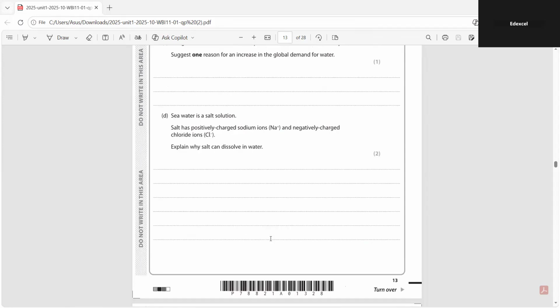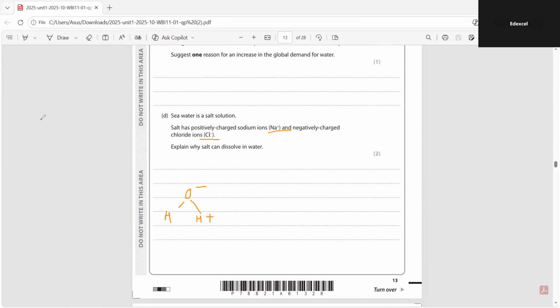D part. Seawater is a salt solution. Salt has positively charged sodium ions and negatively charged chloride ions. Explain why salt can dissolve in water. So in the water molecule, you have one oxygen atom and two hydrogen atoms, right? Oxygen is a slightly negative atom, and hydrogen atoms are slightly positive. In the NaCl molecule, Na plus and Cl minus are there.